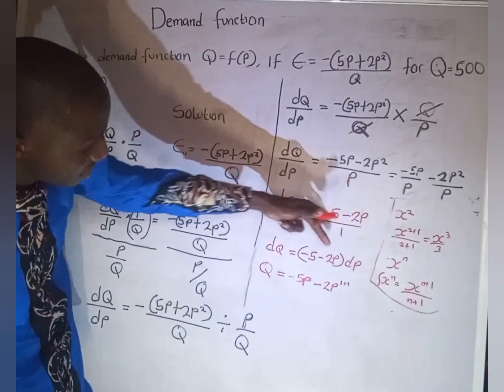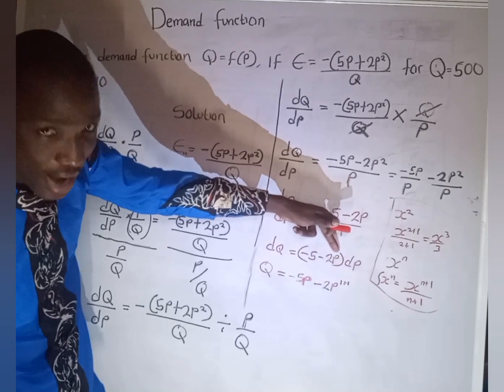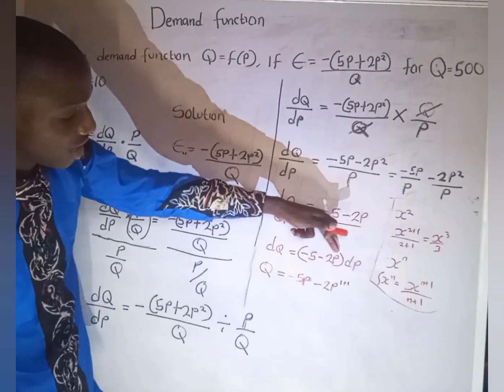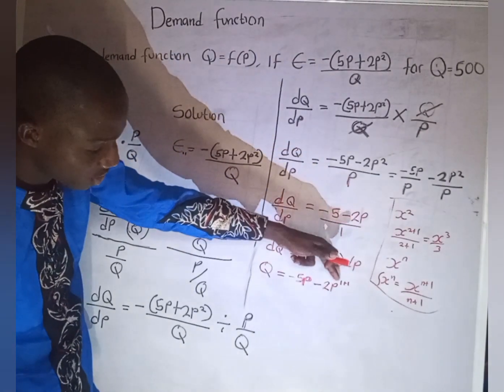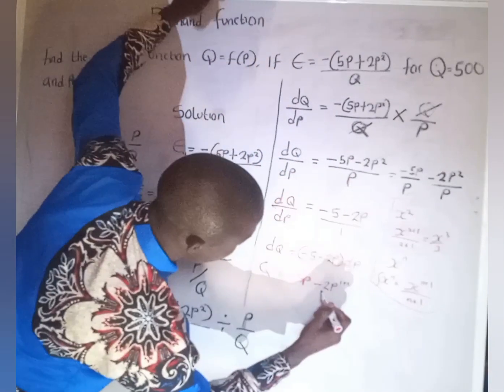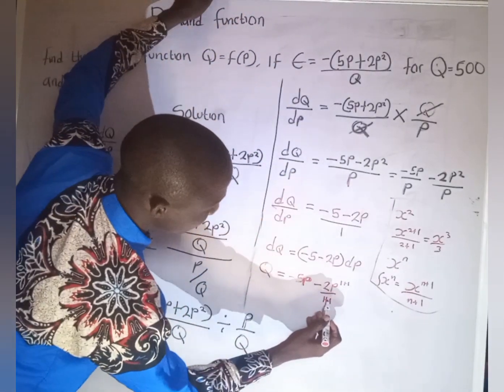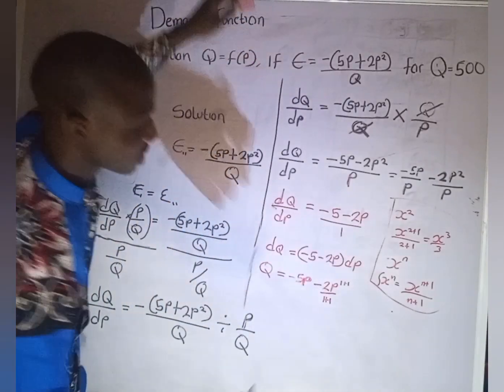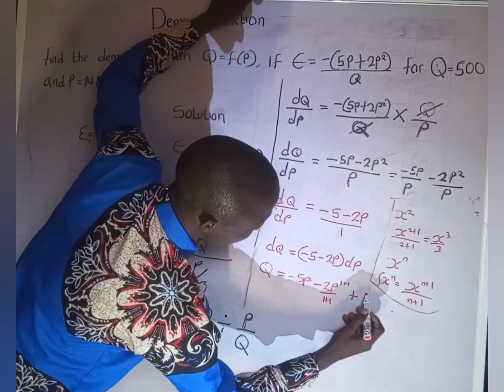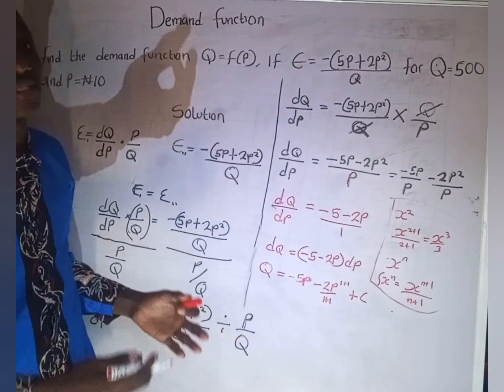Don't forget there is an invisible 1 as the power of p, that is p raised to the power 1 plus the additional 1 that we had, divided by 1 plus 1. And when you are integrating, you always add a constant, so you are going to have a c or k. You can represent the constant as c or k.